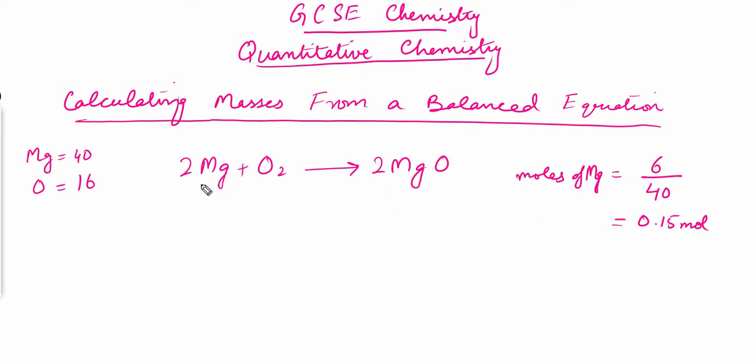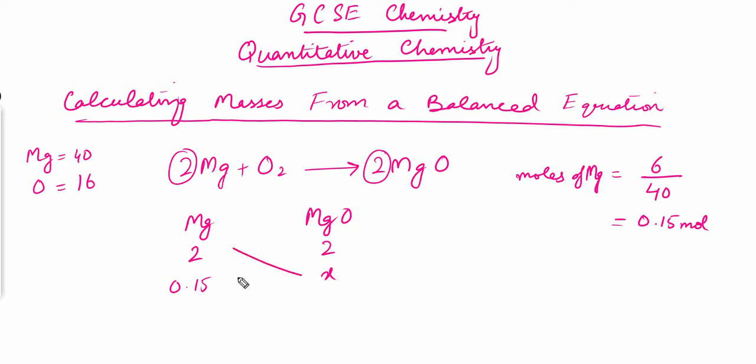Now over here you can see this 2 and this 2. These are the number of moles of magnesium and magnesium oxide. I'll write magnesium over here, magnesium oxide over here. From the balanced chemical equation, 2 moles of magnesium produce 2 moles of magnesium oxide, so 0.15 mole of magnesium should produce x mole of magnesium oxide.